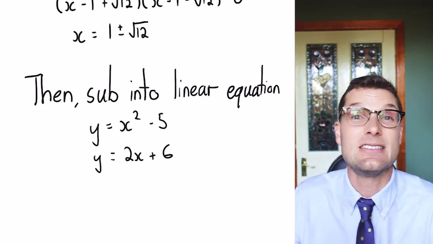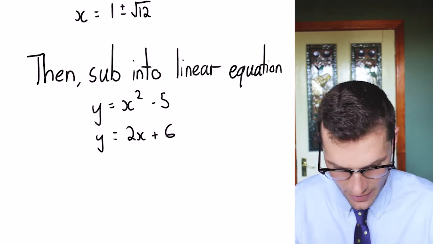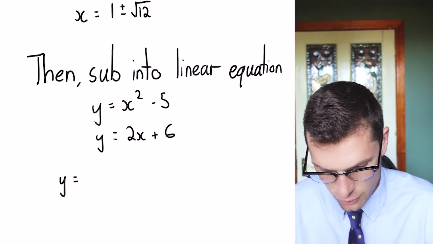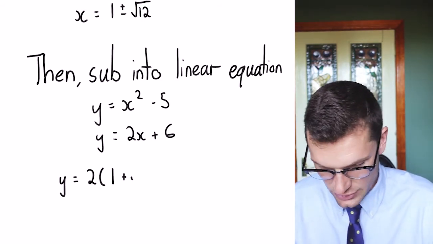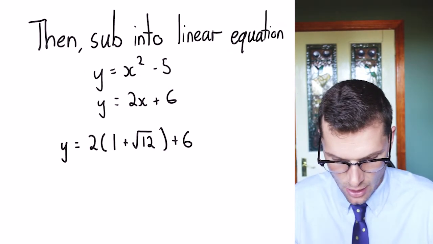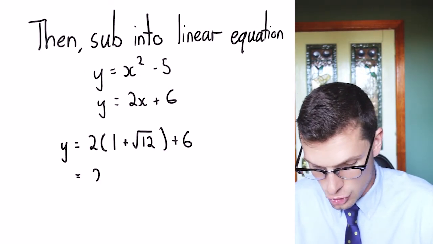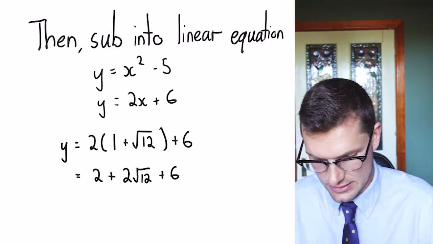So now I've got 1 plus or minus root 12. All I've got to do is sub this in twice. You might be able to use your calculator to do it a little bit faster, but I've got y is equal to 2x, which is 1 plus root 12 for this example, plus 6, which is equal to 2 plus 2 root 12 plus 6.